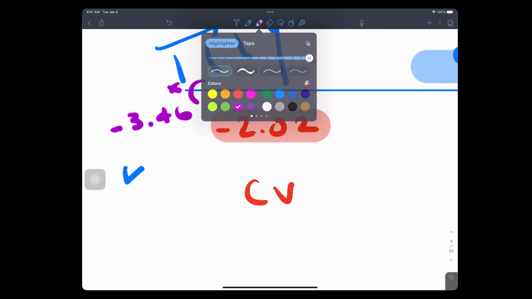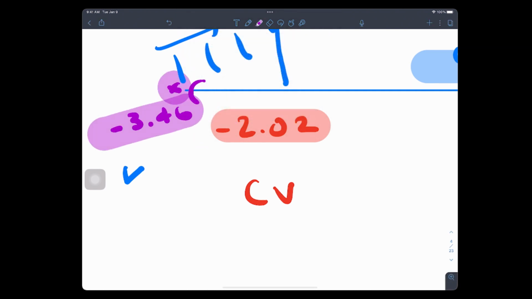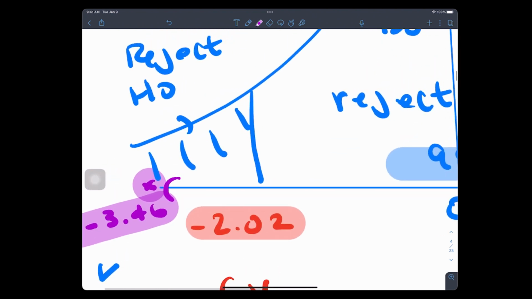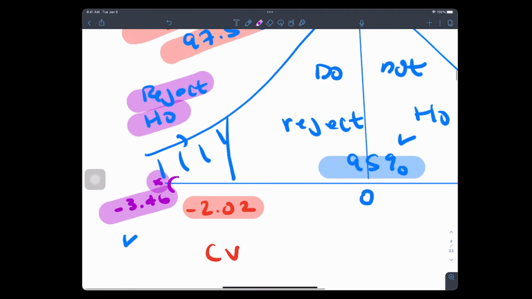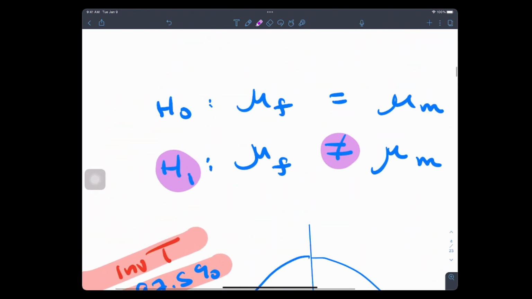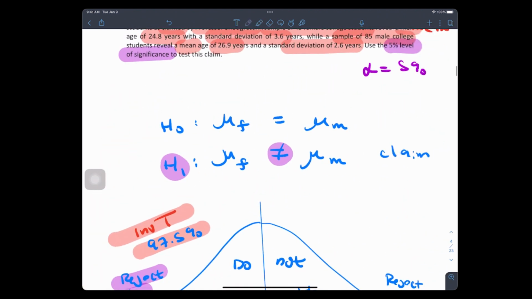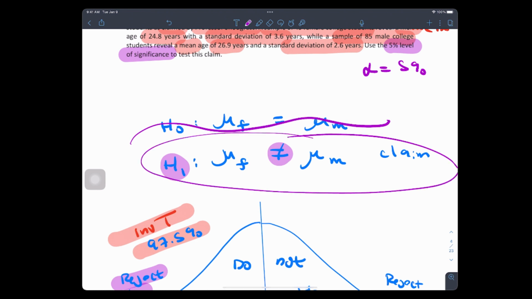Okay. There and there. What is this? Reject the null. What does reject the null mean? Say no, you are what? Gone. What do you accept?